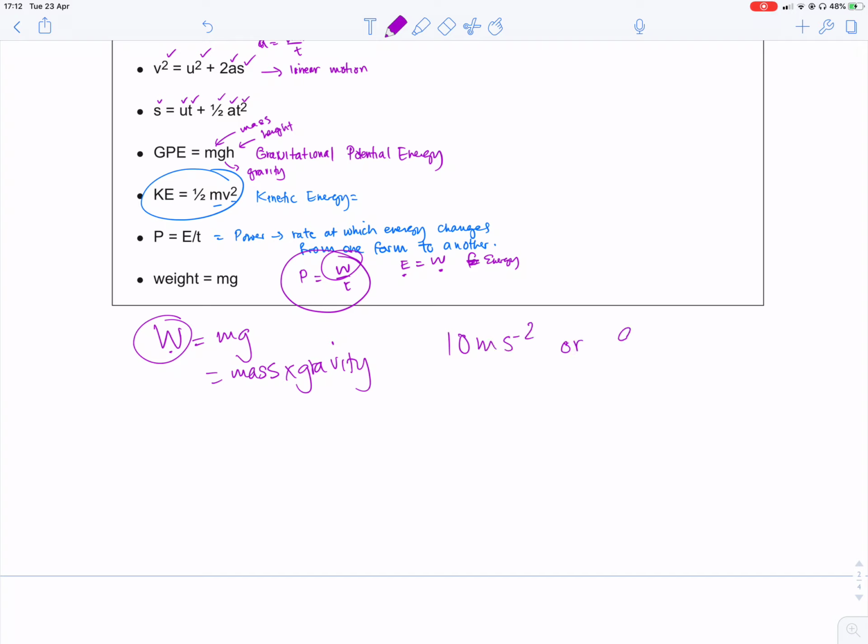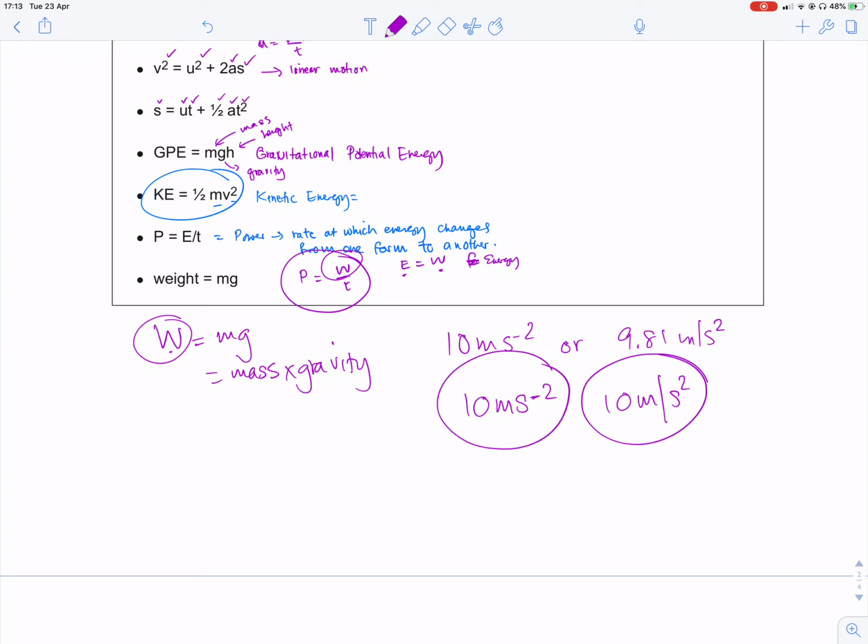And in some cases, you're given 9.81 meters per second squared. So note how I've written 10 meters per second squared with a -2, or 10 meters / second squared without a minus. Okay, so those are the two ways you can express acceleration in meters per second squared.